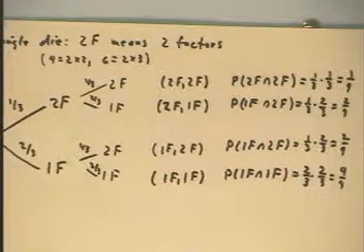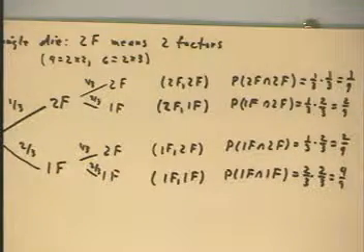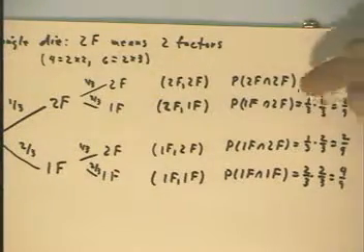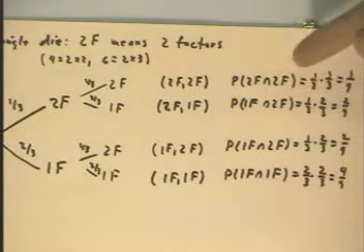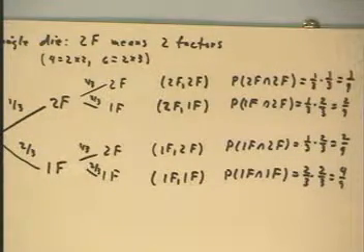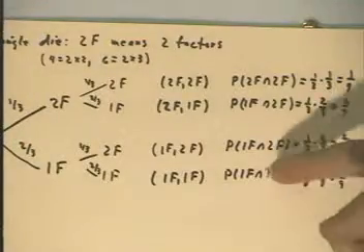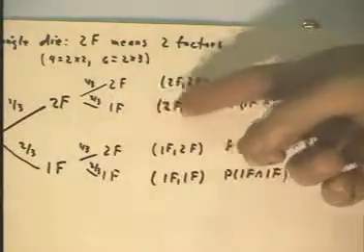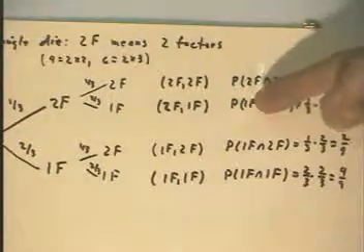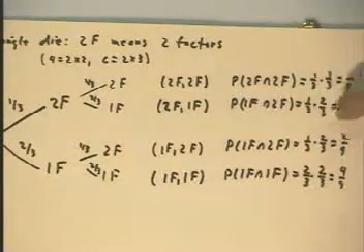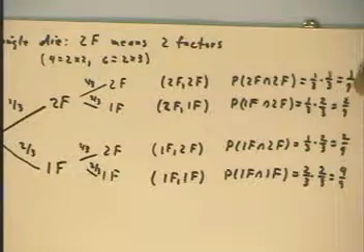What comes up in one die has nothing to do with what comes up in the other. So since these probabilities are independent, the probability of two factors and two factors is 1/3 times 1/3, or 1/9. We could have two factors and one factor. The probability of one factor and two factors is 1/3 times 2/3, which is 2/9.